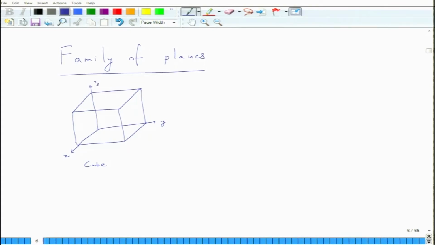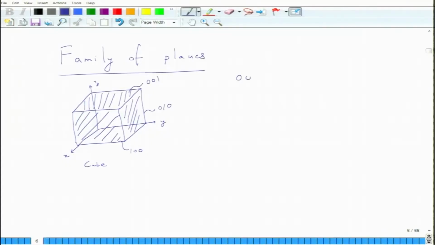What is this face of the cube? This is 0 0 1. What is this face of the cube? 0 1 0. And what is this face of the cube? 1 0 0. Now, in a cube all these three are identical.